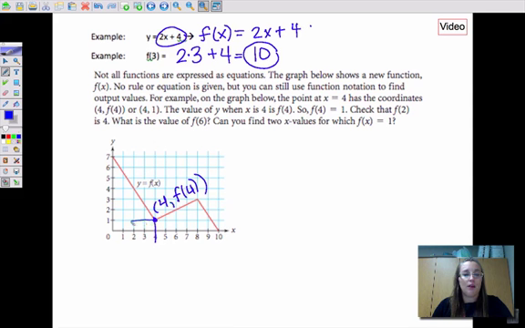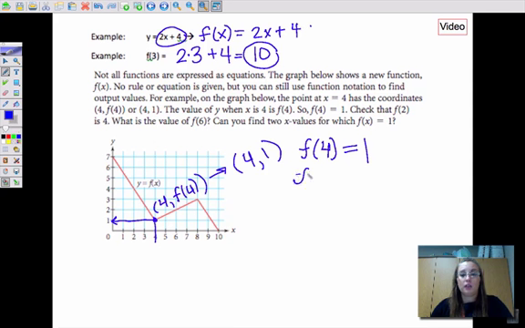And if we were to evaluate that, we would look for the y value, or what the output of the function is when x is 4, and that would be 1. So (4, 1). Okay? Meaning that the value of y when x is 4 is f of 4. So f of 4 equals 1. An input of 4 gives an output of 1. Okay? Input, output of function f. Okay?